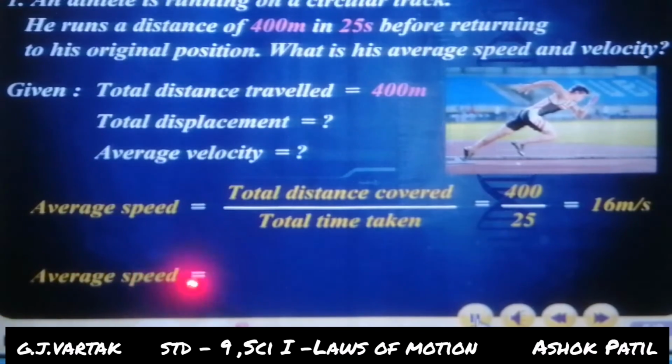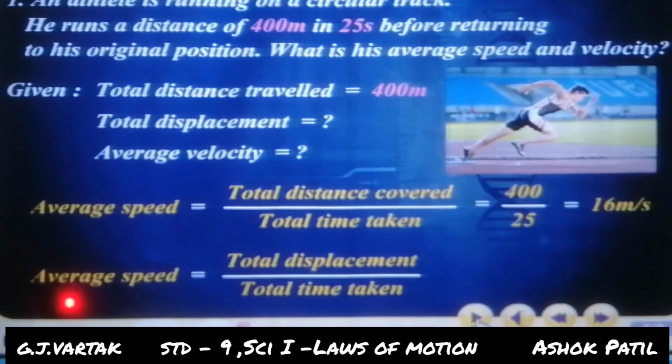Average velocity is equal to total displacement upon total time taken. What is the total displacement? We cannot know it here; it is the question mark. From the total displacement upon total time, we can find the average velocity.